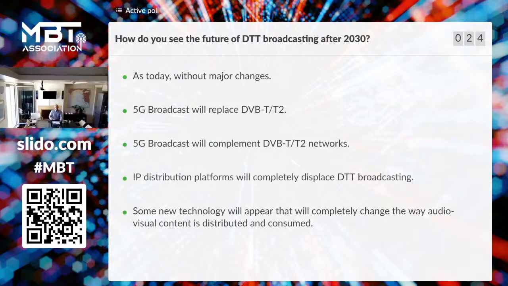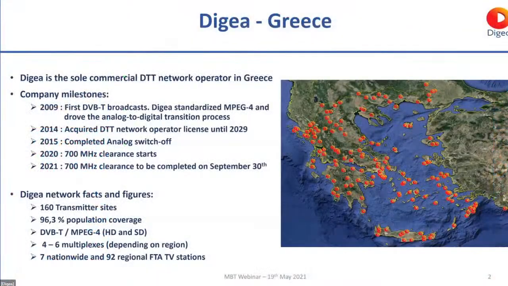Okay. So, good morning to everyone. A few words about d.o.o and a few facts about us. d.o.o is the sole commercial DTT network operator in Greece. In Greece, in total, there are two network operators.